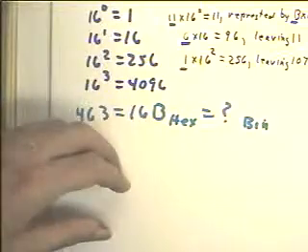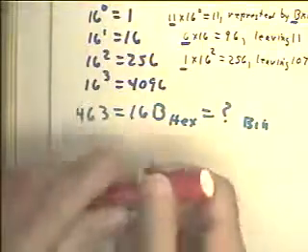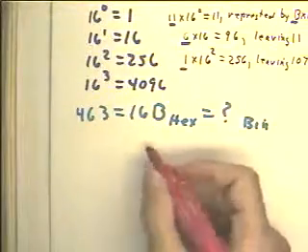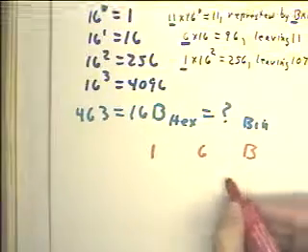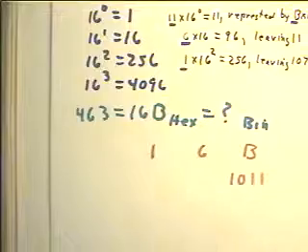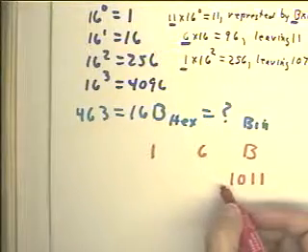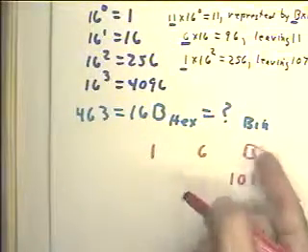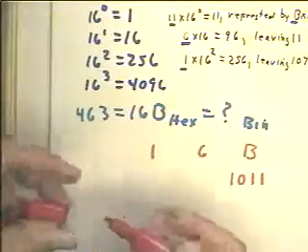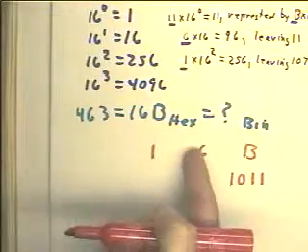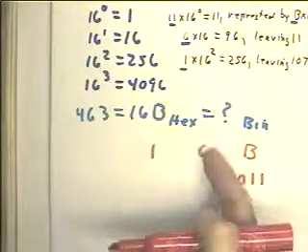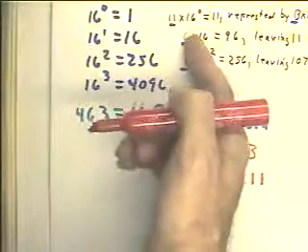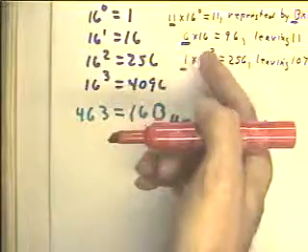So we can write this as 1011, standing for the B in hex. The 6 in hexadecimal means, of course, 6 times 16.